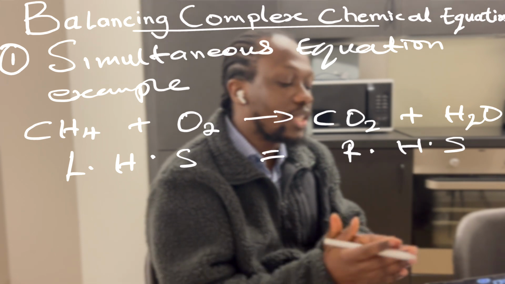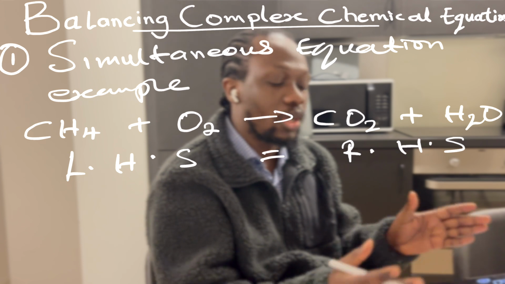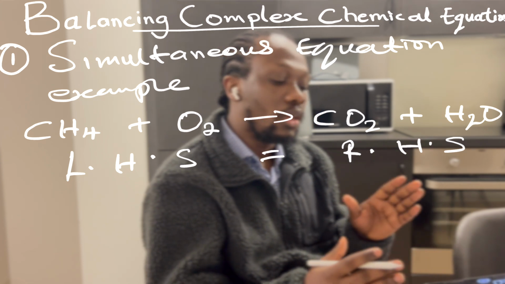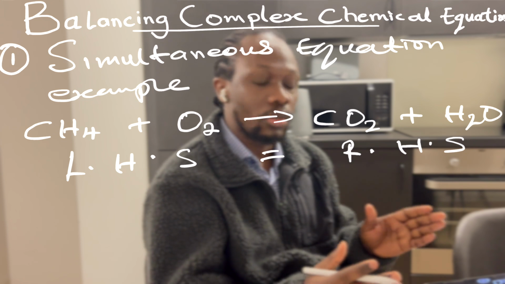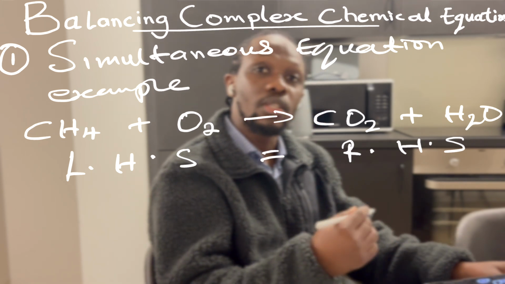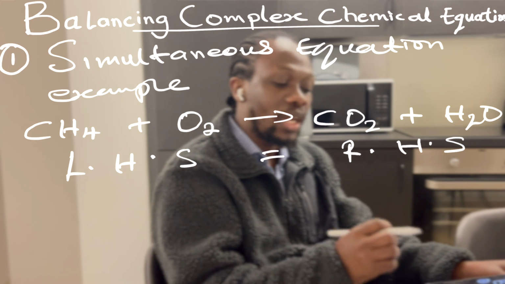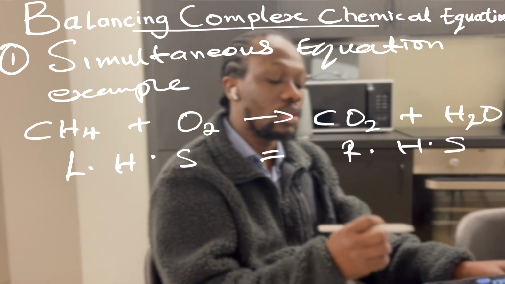That's the whole purpose of balancing chemical equations, to understand if there is any loss in that particular reaction. So in this case, we are going to balance this chemical equation using the simultaneous equation method.